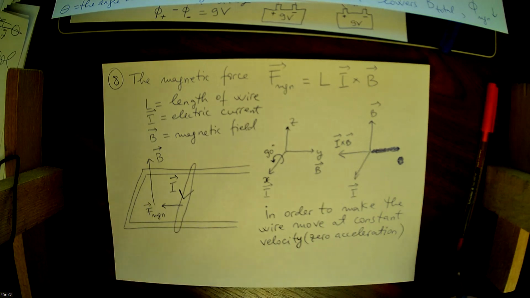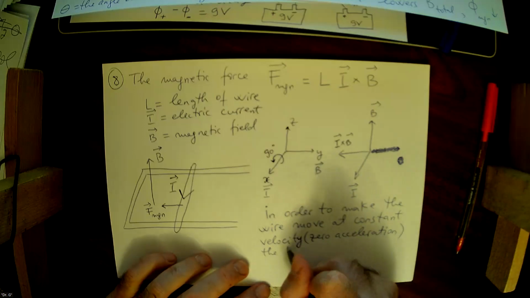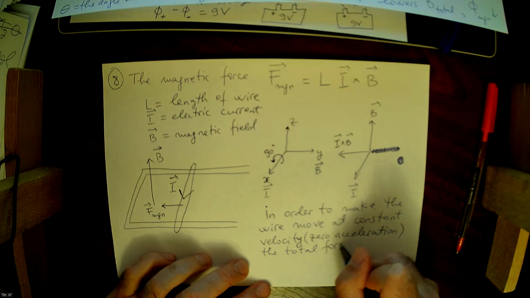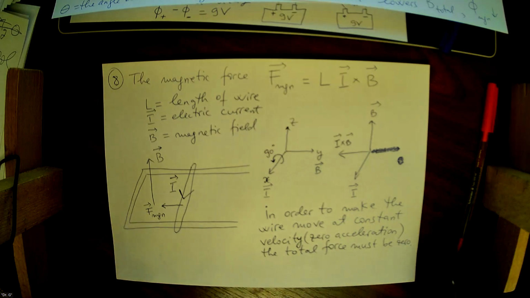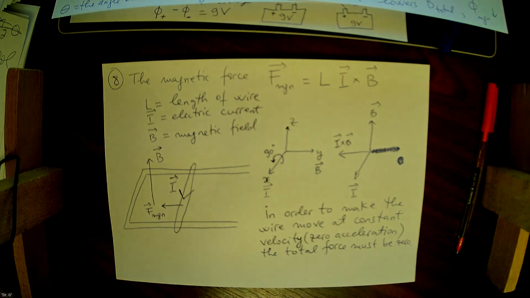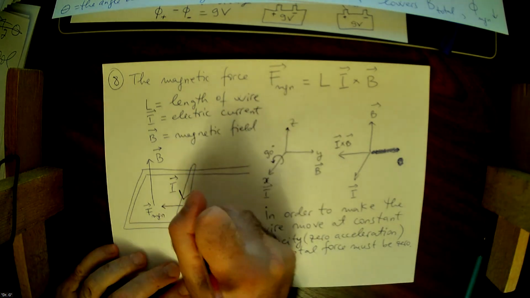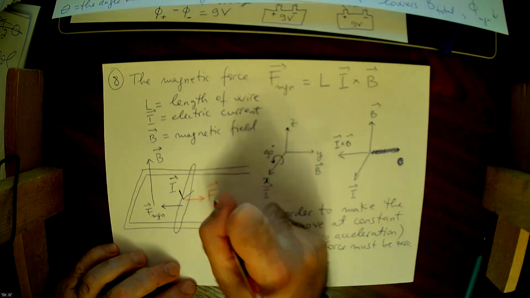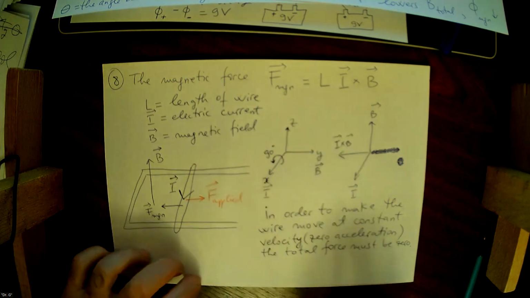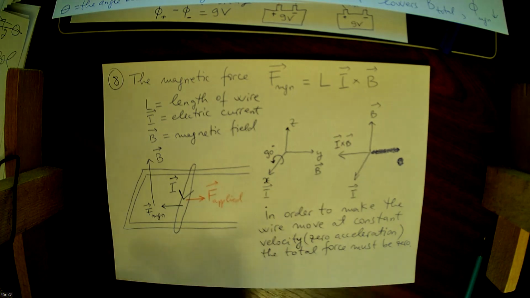The total force must be zero. Which means I need an applied force to pull on the wire in the opposite direction. Okay, same magnitude.